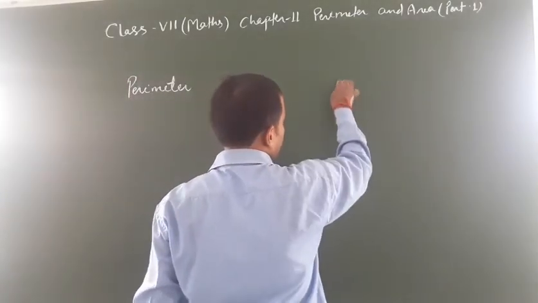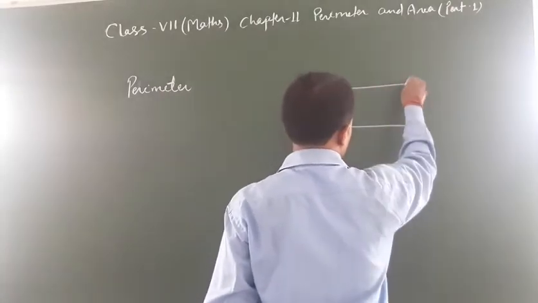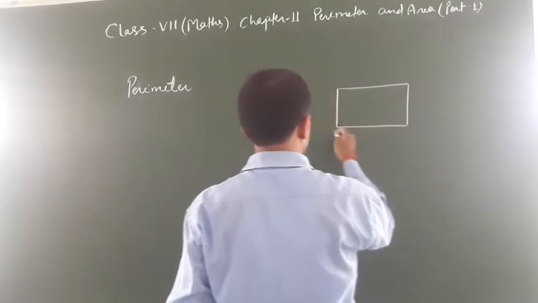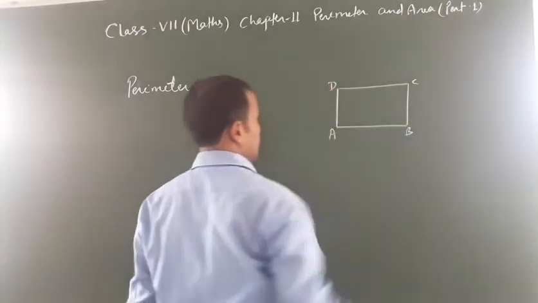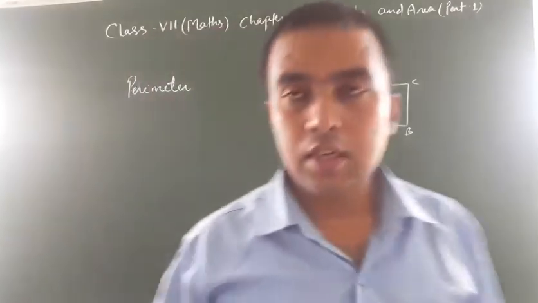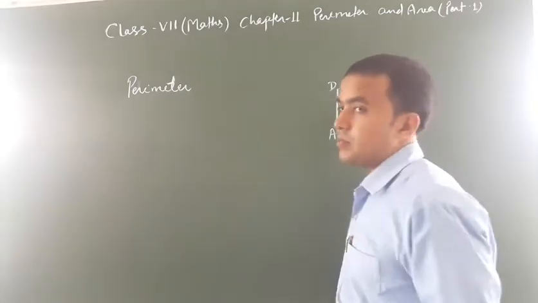It is a rectangle ABCD. Clear? This is the length and this is the breadth.